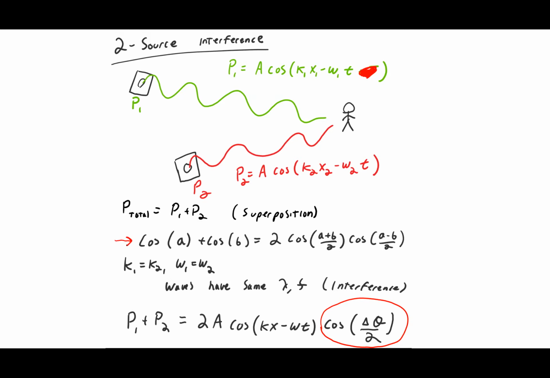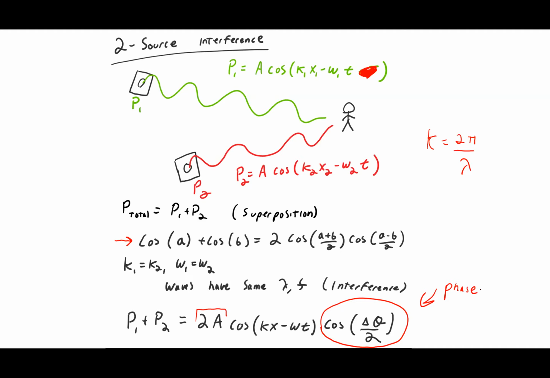If these two waves have the same k values, right, k being 2 pi over the wavelength, and they have the same omega values, right, omega being 2 pi over the period or 2 pi times the frequency, then I can use this trig identity in terms of the sum and the difference and arrive at this expression where the sum of the two waves looks like a wave with double the amplitude, but I have this extra phase factor over here.